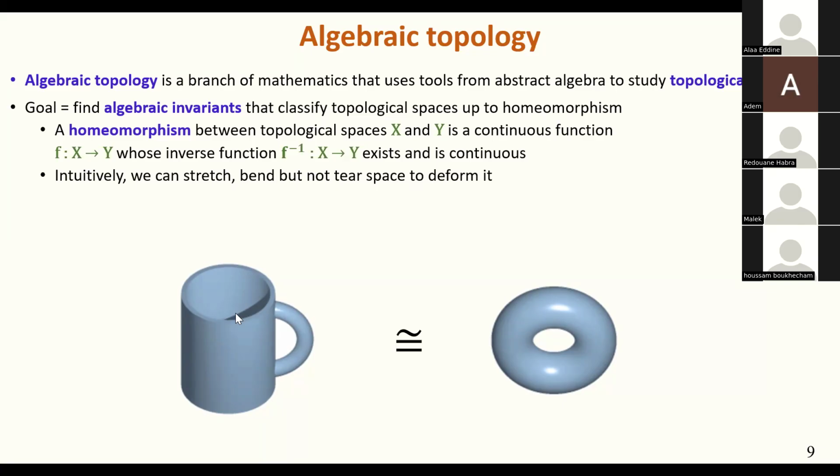One famous example of two homeomorphic spaces are the coffee mug and the donut.